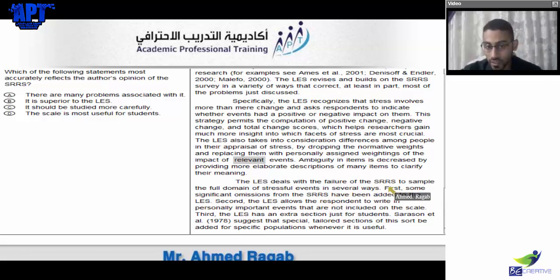First, some significant omissions from the SRRS have been added to the LES. That's one thing they solved. Second, the LES allows the respondents to write personal important events that are not included on the scale. Very nice.